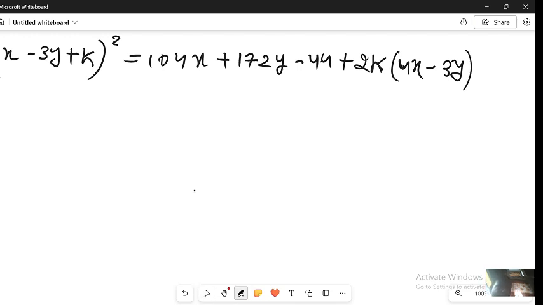Because if I develop this, I will have 4x minus 3y squared, plus 2 multiplied by all of this, plus k squared. If I multiply this one, I have to add this one again.